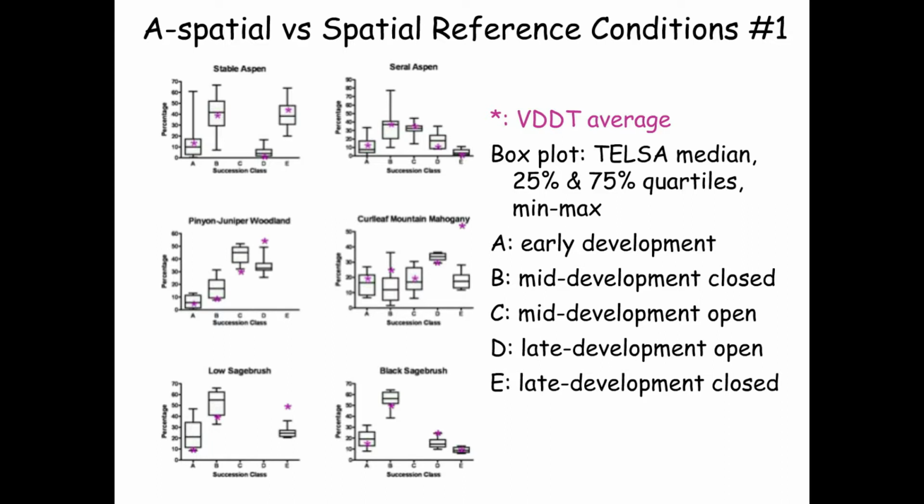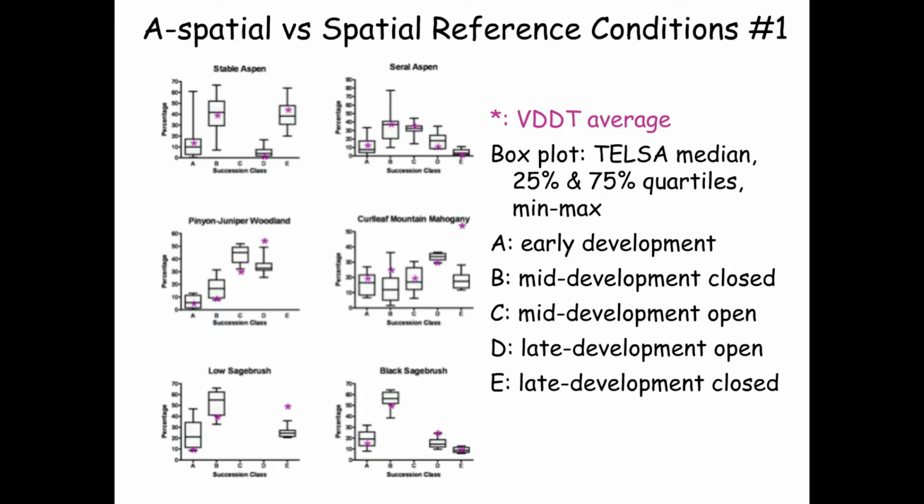Let me backtrack. At the bottom of the graph, it has succession class, the A to E, that's the LANDFIRE codes. It goes from early to late seral, young to old. Not every model has a class, but the proportions that you see there are what you would expect. So if I take the first one up there, it's approximately 11%.